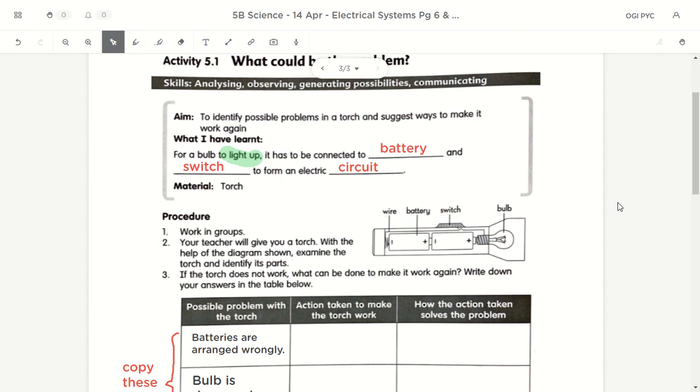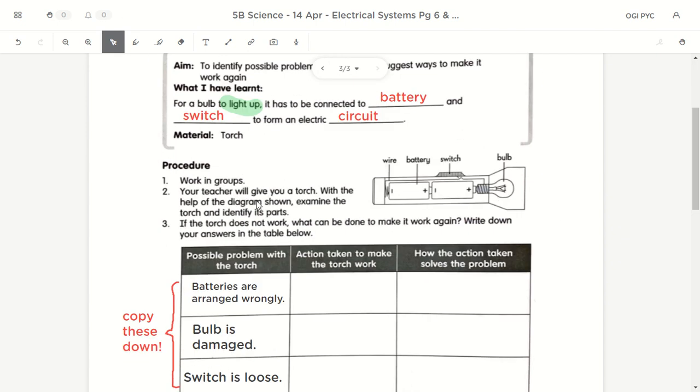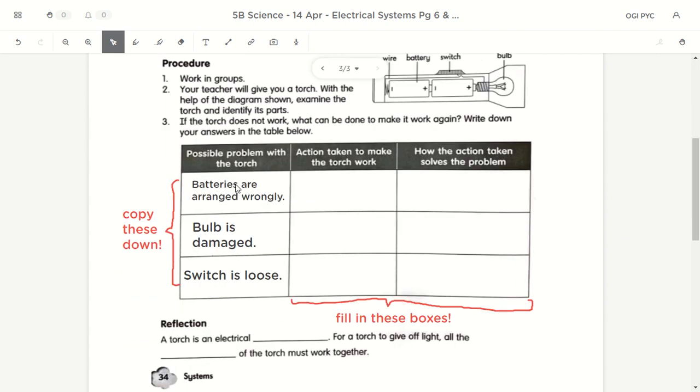All right, we're not doing this, but I'll give you the possible problems that you will face with a torch. Let's say the problem you realize is that the batteries are arranged wrongly. What I mean by arranged wrongly, for example, let's say this is a battery.